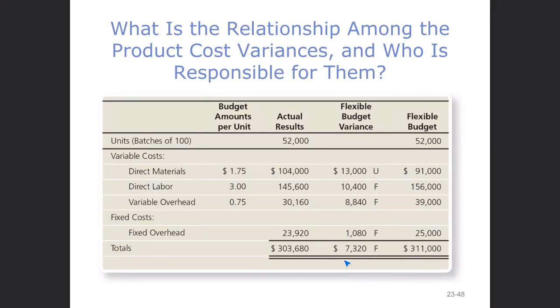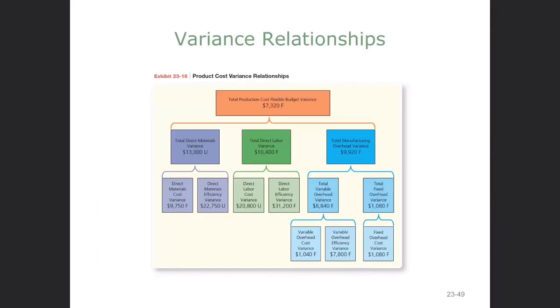And we determine if it's favorable or unfavorable based on the type of account that it is. Product cost variance relationships: we have a total production cost flexible budget variance of $7,320 favorable.